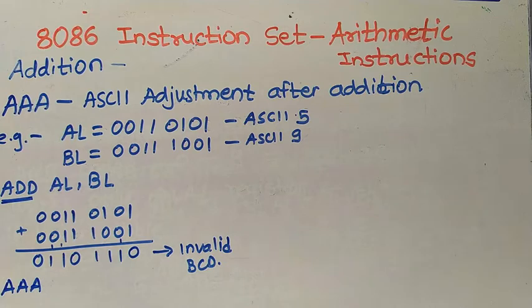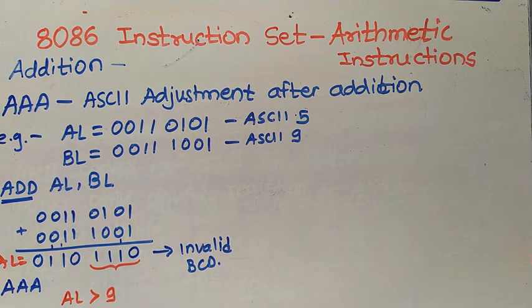So what happens here? In this AAA instruction, the lower nibble of AL is checked. This result is present in the AL register. If this lower nibble is greater than 9, then 6 is added into the lower nibble. If we observe, the AL lower nibble is greater than 9.